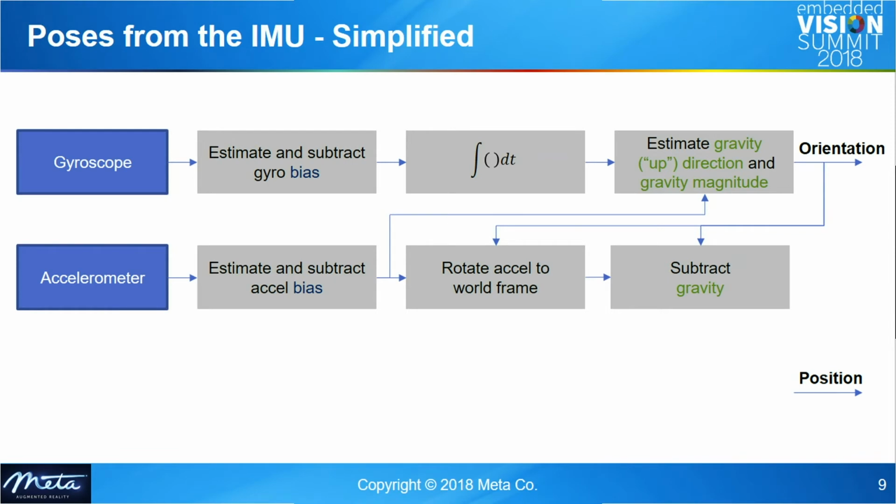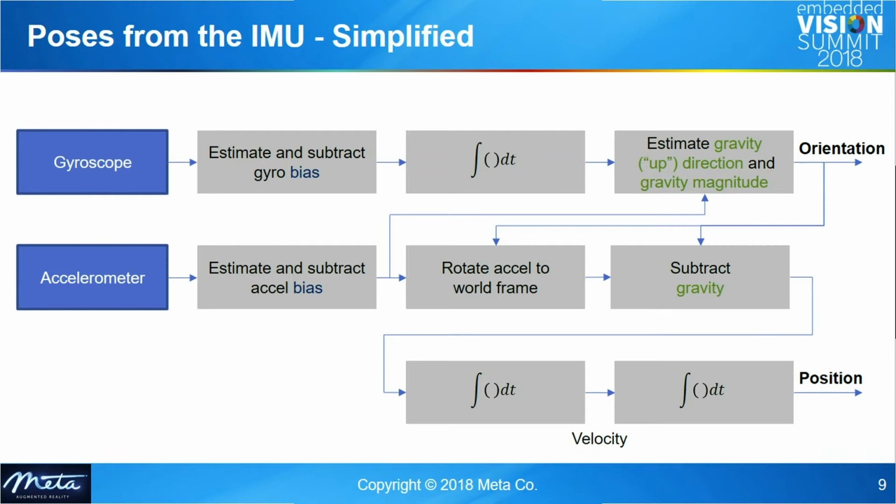Now we need to subtract it from the accelerometer readings. And finally, we need to integrate twice to get the position. So this is a simplified model of how the estimation happens in reality, but these are the essential steps that happen behind the scenes to get the poses from the IMU.